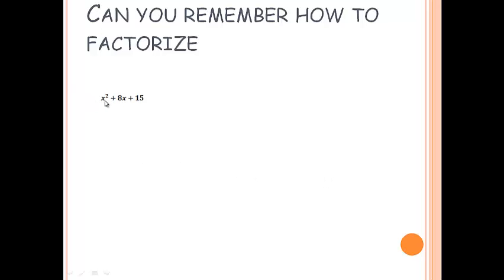In the trinomial x power 2 plus 8x plus 15, this expression is a trinomial because it has how many terms? Yes, 3 terms. So we can factorize x power 2 as x and x. And look at the sign of the last term, the absolute term. The last term is positive, so the 2 terms have the same sign as the middle term.